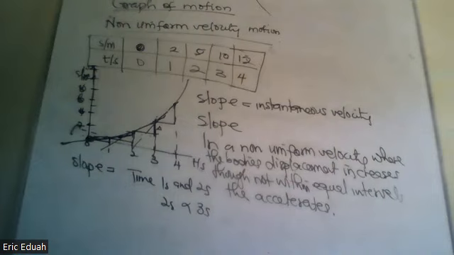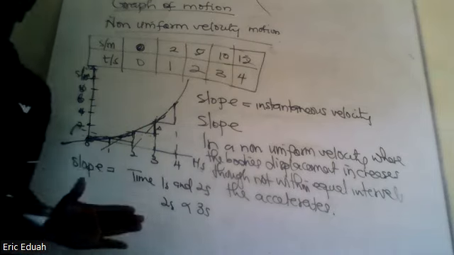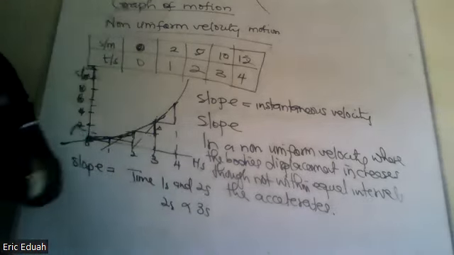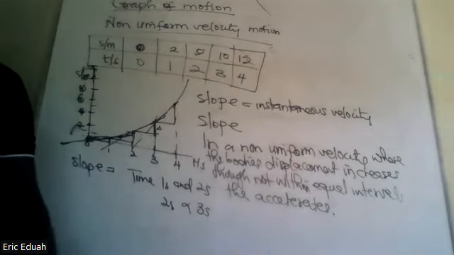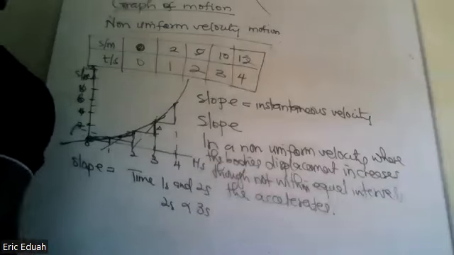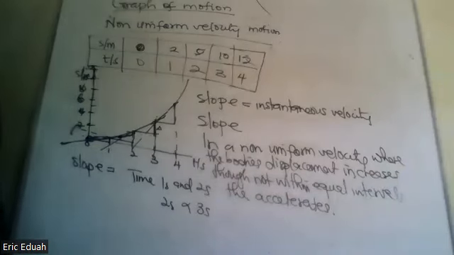We'll come to it, with the acceleration. Okay, the body accelerates. Why does the body accelerate? Because the velocity as the motion goes on is increasing. And when you have an increasing velocity with time, it amounts to acceleration.